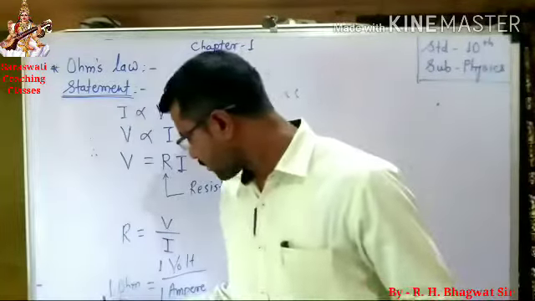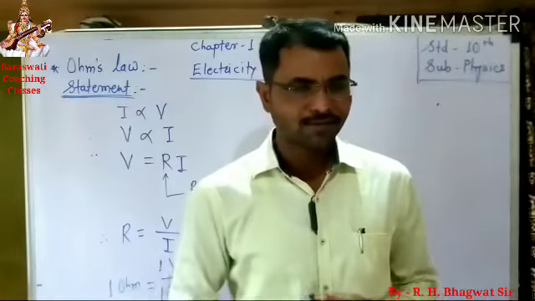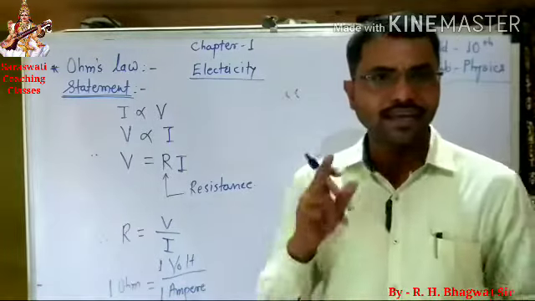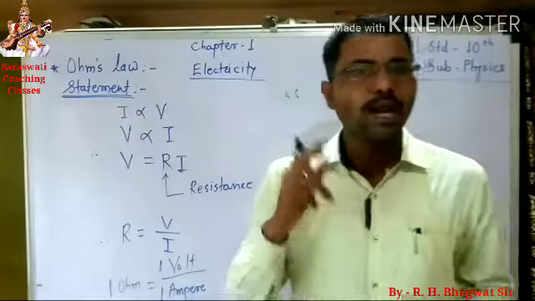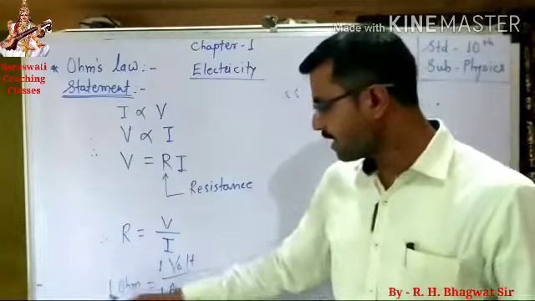From this equation, we can define 1 ohm resistance as: if the potential difference applied across the conductor is 1 volt and the current flowing through that conductor is 1 ampere, then the resistance of that conductor is 1 ohm.